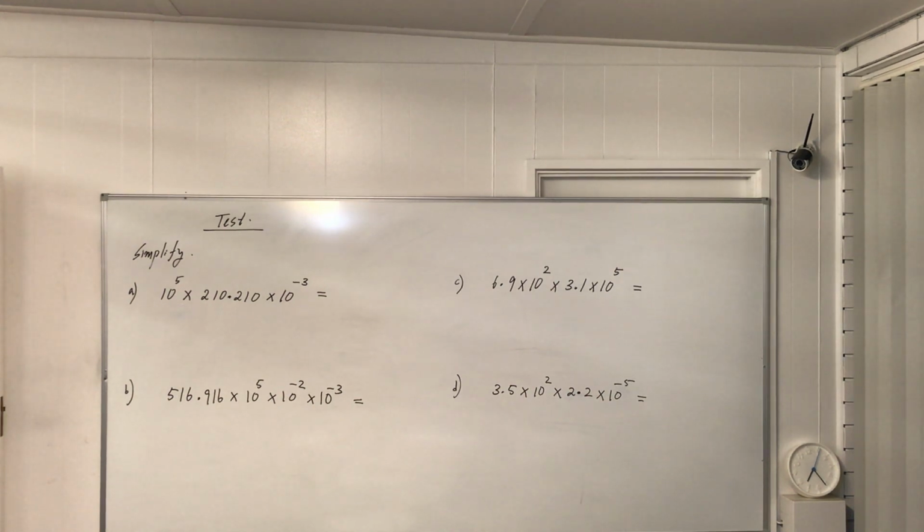So 9, 13, 1 goes here. One decimal is 2. So that will be that, and this is that. Okay, so it will be 21.39 times 10 to the power 7.